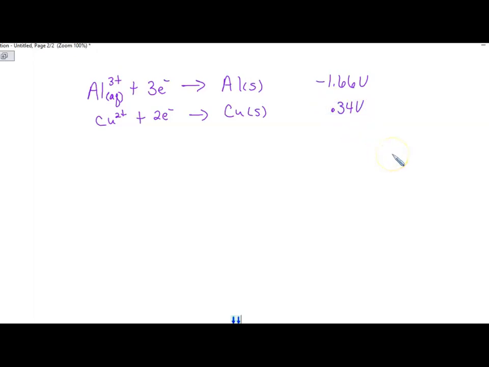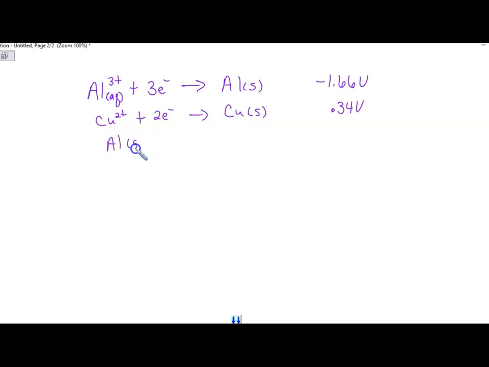All right, you can already see by looking at this that this one's going to stay being reduced, but this one's going to need to be flipped around, meaning that this one is a reduction. It's most likely to be reduced, and that is a strong oxidizing agent or oxidant there. Okay, this one's going to need to be flipped around for our equation. So I'm going to take advantage of the fact that that one's already there, and I'm going to go ahead and flip this guy so that we can see.